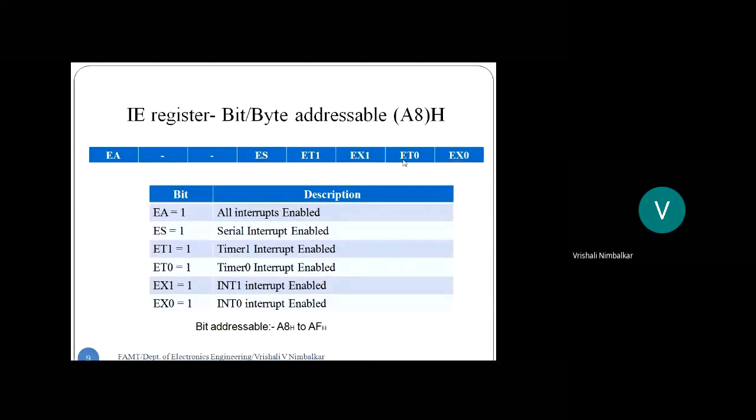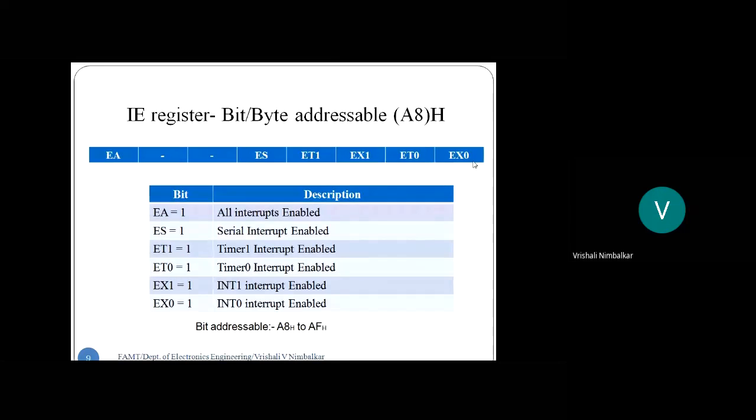ET0, enable timer 0 interrupt. EX1, enable external interrupt 1. ET1, enable timer 1 interrupt. ES, enable serial communication interrupt. And EA is enable all. So this is the interrupt enable control word register.